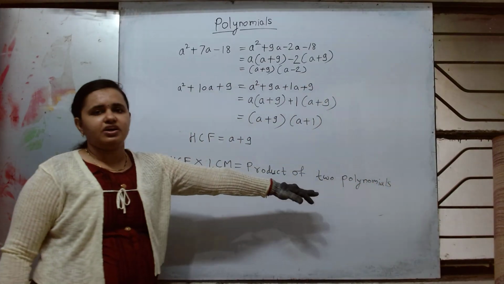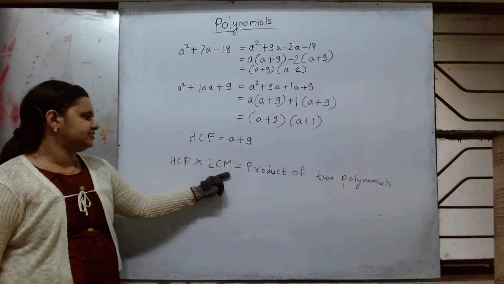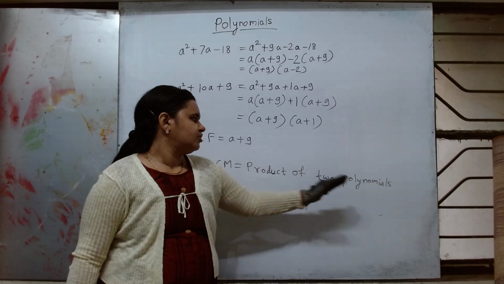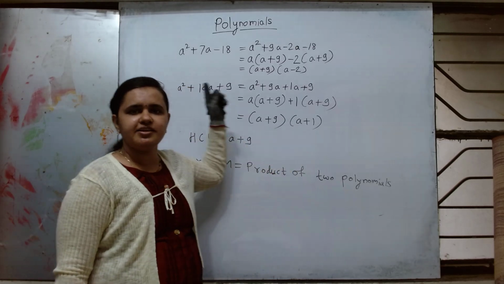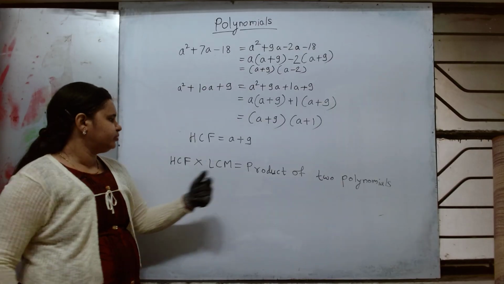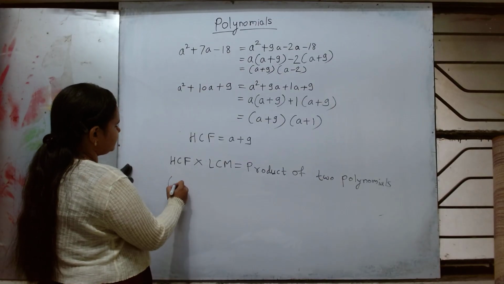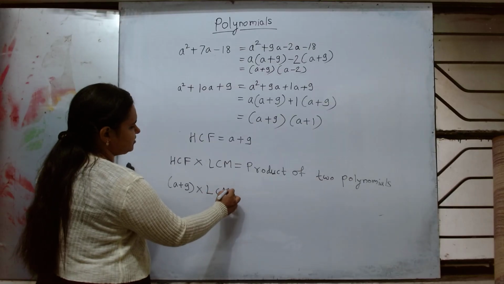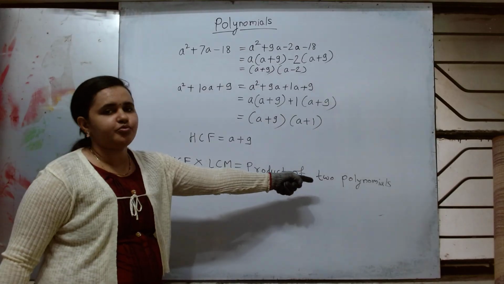It is the formula, you have to learn it. HCF into LCM is always equal to the product of two numbers, or if polynomials are given then the product of polynomials. So we have to just put in the values. So HCF is a plus 9 multiplied by LCM, which we have to calculate, and the product of two polynomials.